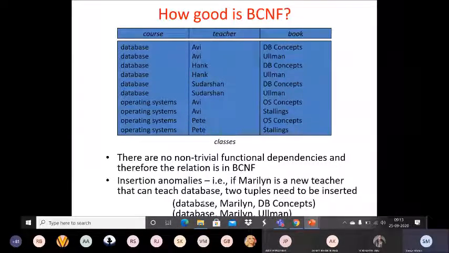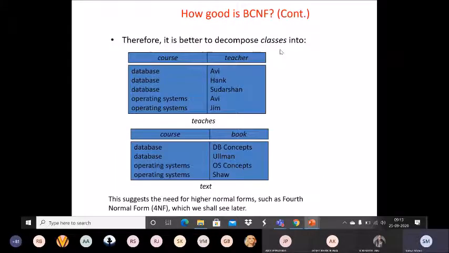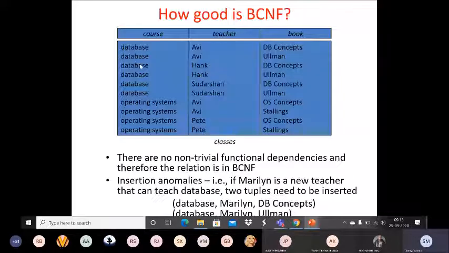If we put only one tuple here, then the table will go to an inconsistent state. Why? Because for database we will get only one book, but for the other tuples we are getting two books. So the table will go to an inconsistent state.